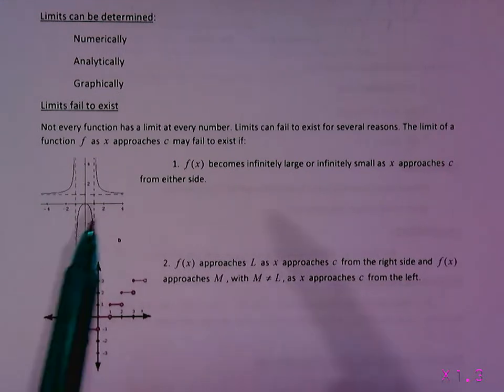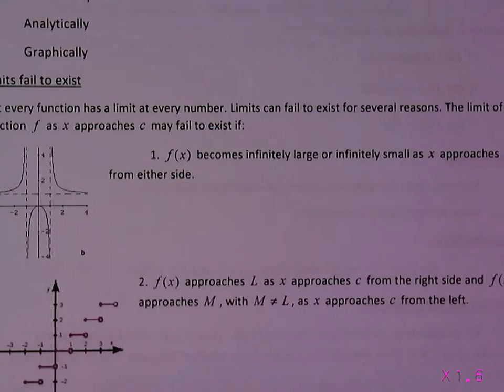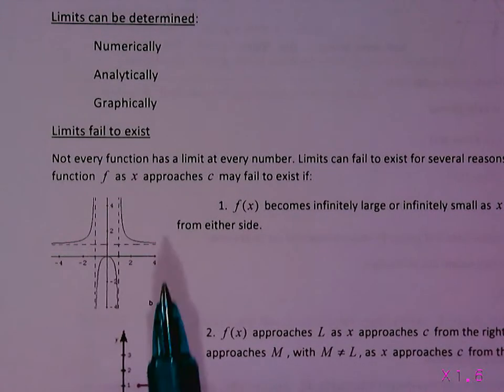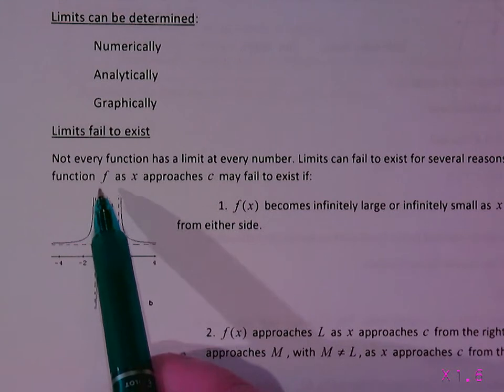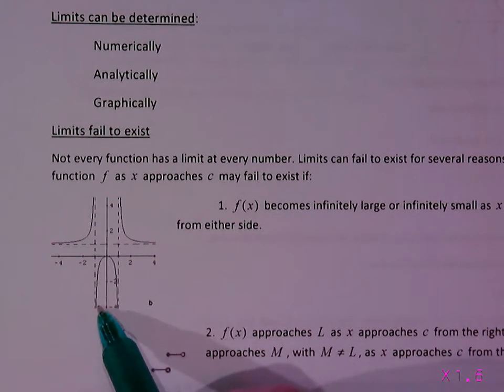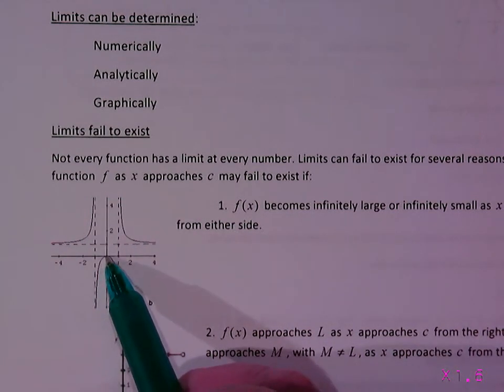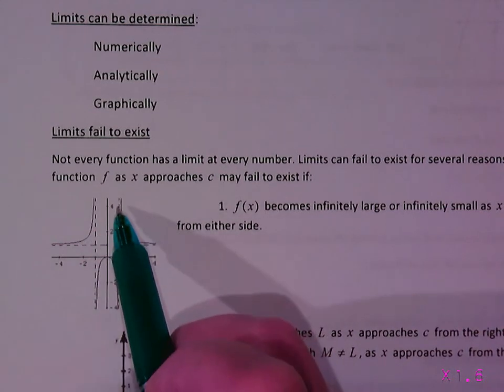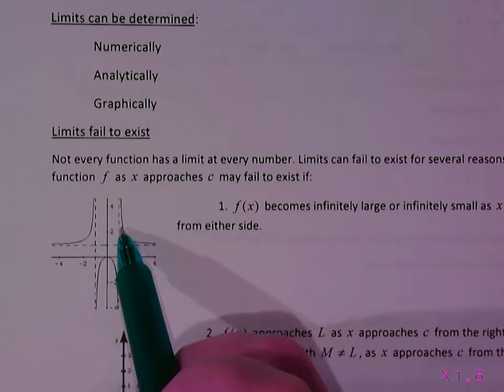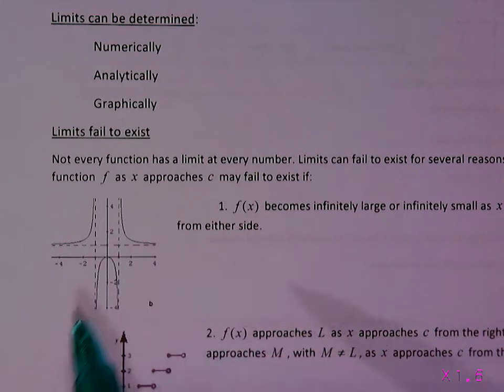So I've got a graph here, and let me zoom in so you can see this a little bit better. In this graph, you can see the function is approaching this vertical asymptote. It comes from the asymptote, approaches 0, turns and goes back down along this vertical asymptote, and keeps going towards infinity.